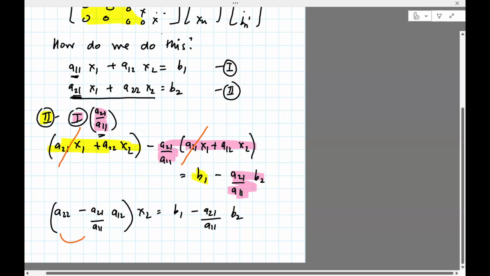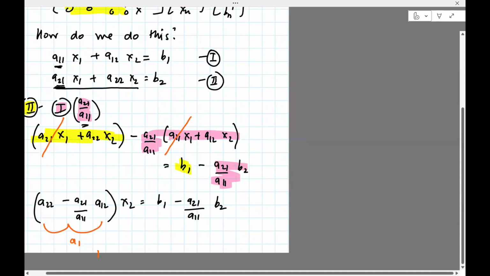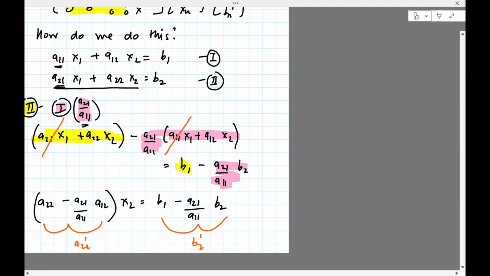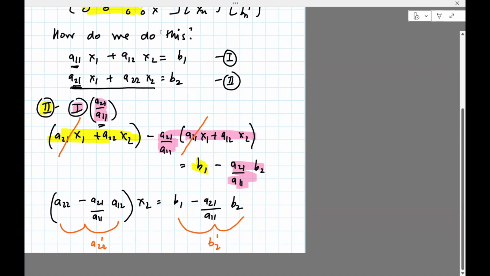So this thing here is your a22 prime, the one I wrote down earlier, and this thing is going to be your b2 prime. This is the new b, and that basically helps you solve for x2.